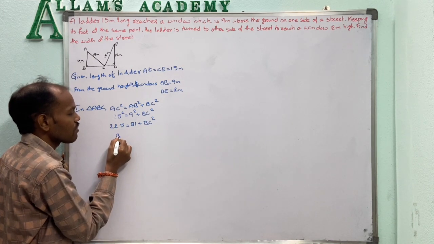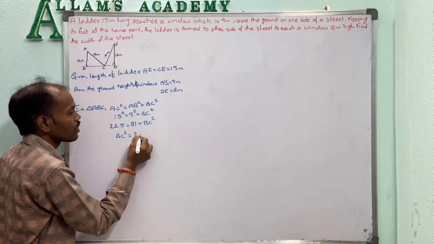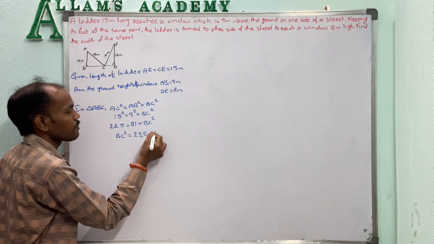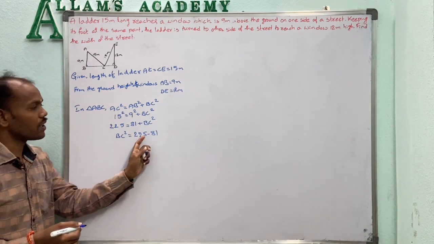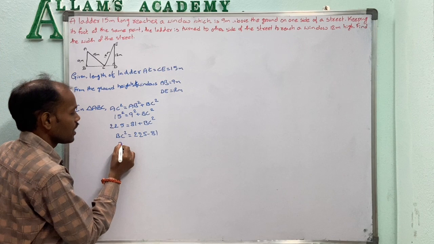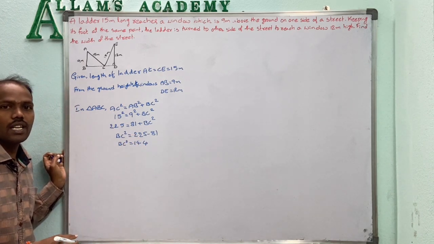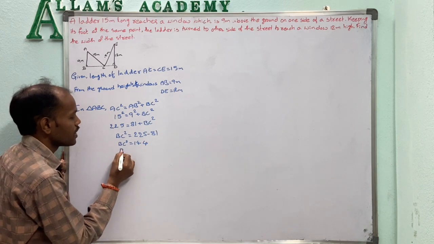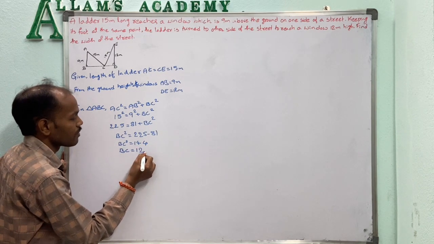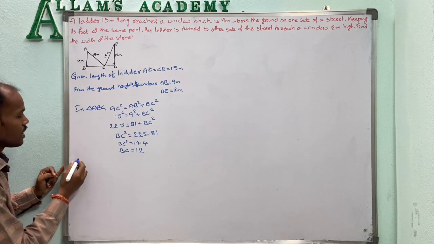Now BC square equals 225 minus 81, transferring 81 to that side, which equals 144. So BC square equals 144, and BC equals 12.